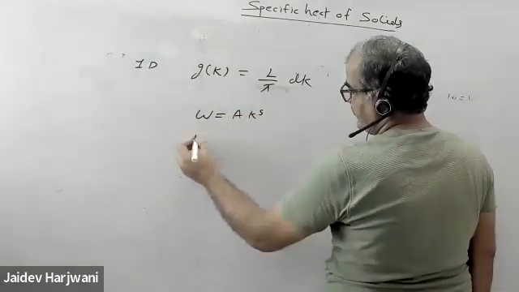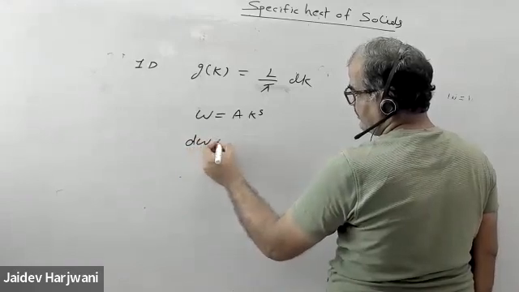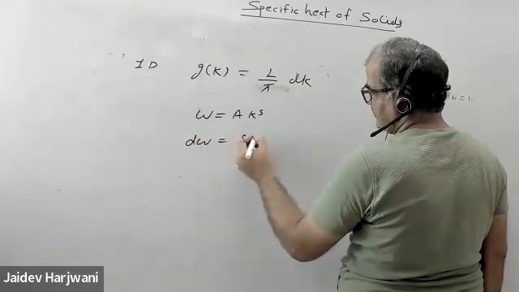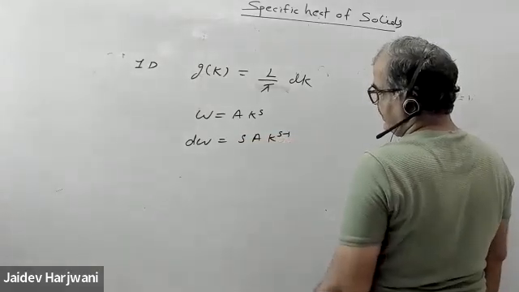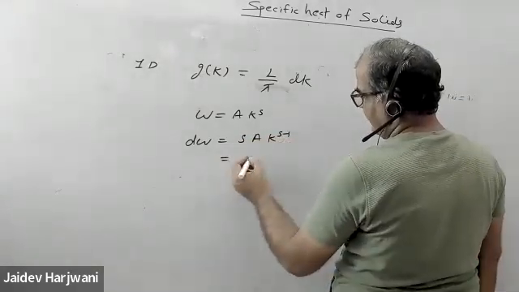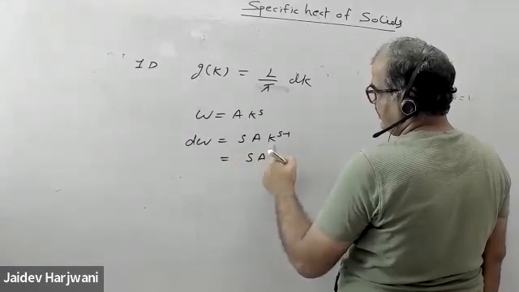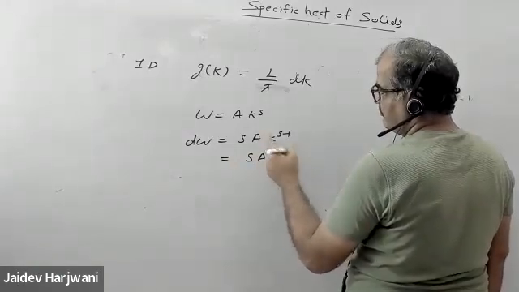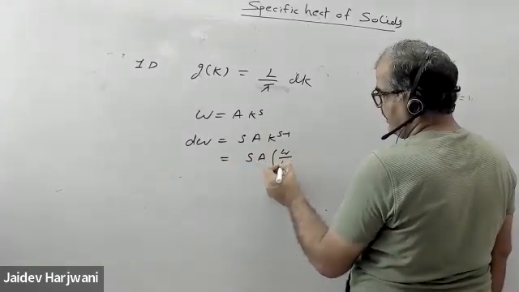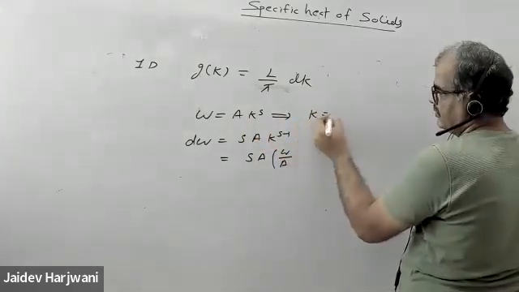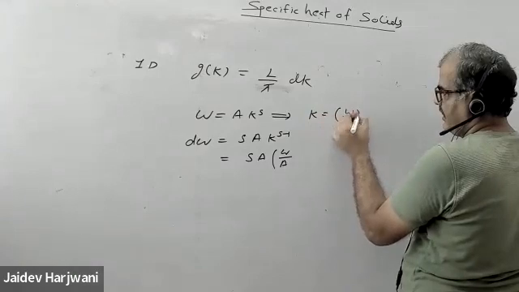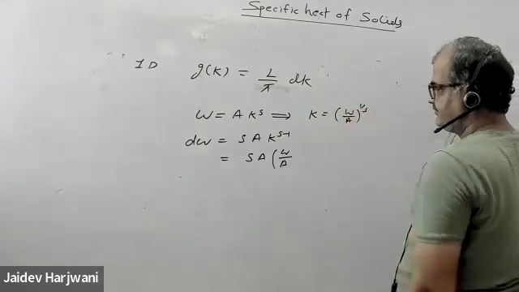What will be d omega? d omega will be s a k^(s-1). And k will be omega upon a to the power 1 by s.